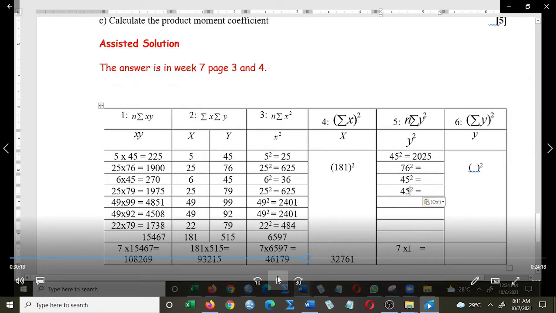Then we have 99. Then we have 92. Then we have 22.